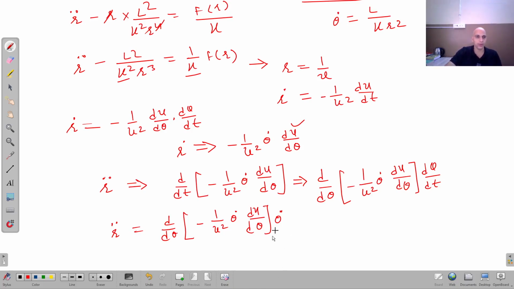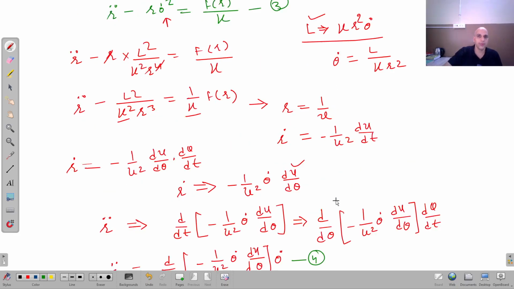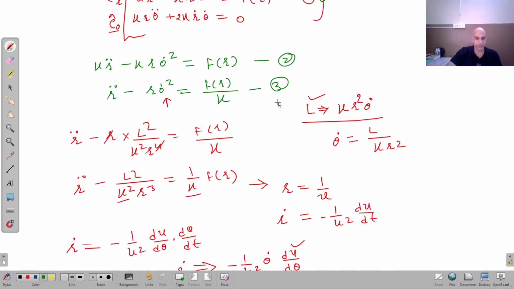Now I am going to put the value of this r double dash. This is r double dash, let it be equation number 4. So I am going to put equation number 4 in equation number 3, because here we have an r double dash value. I will also put the value of theta dash square and the value of r.